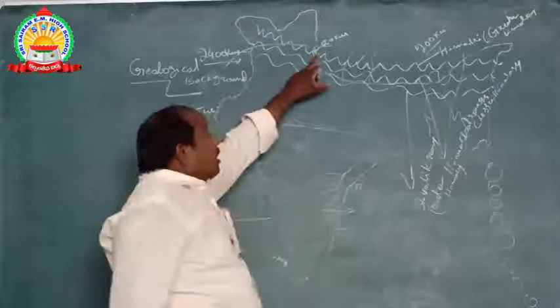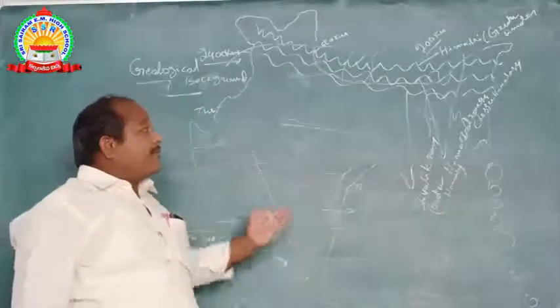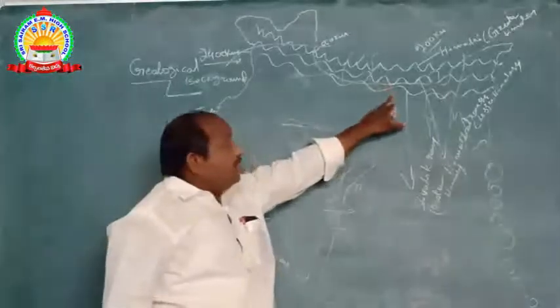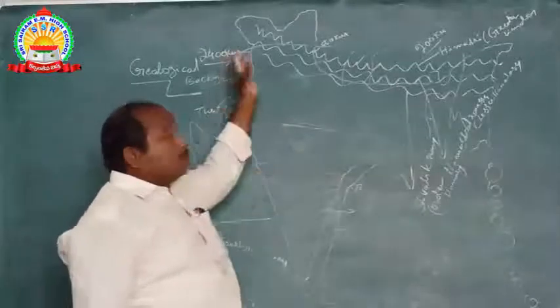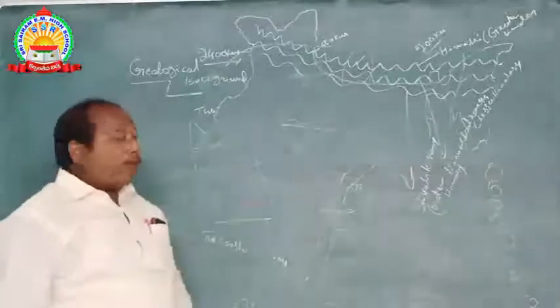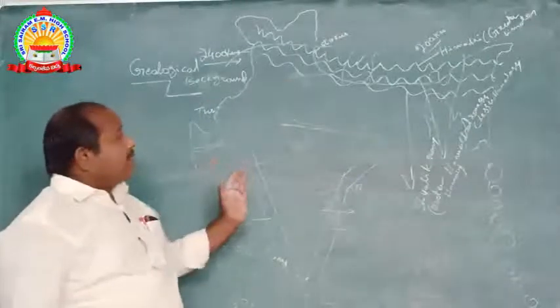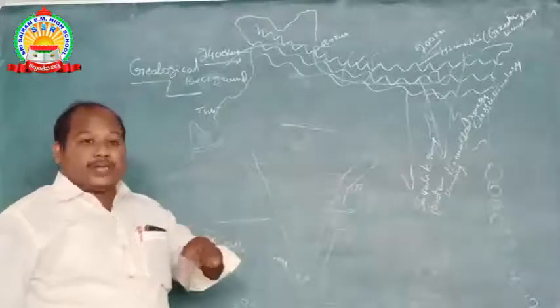The first one is the Himadri ranges. These are higher than the other two ranges, Himachal ranges and Shivalik ranges. Full of snow everywhere in the ranges, and the highest peaks are also there.